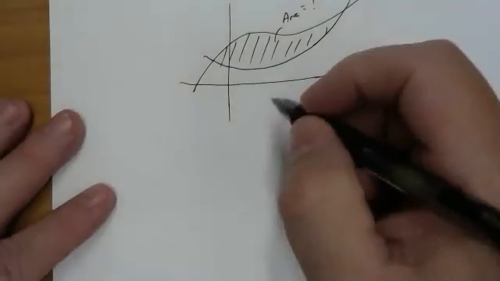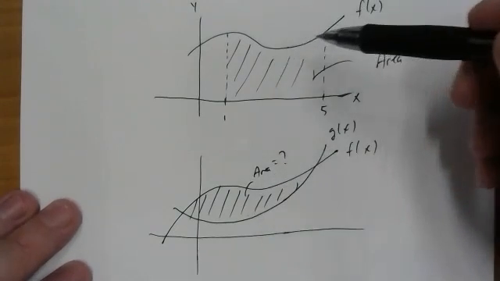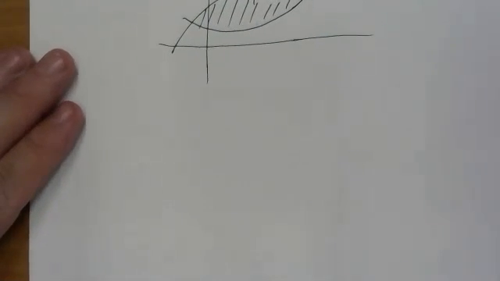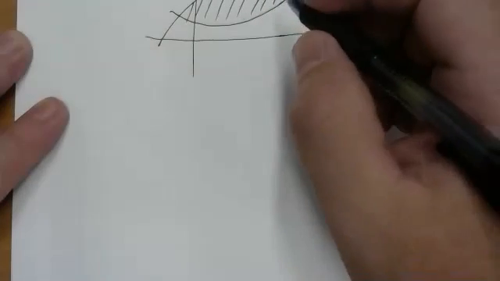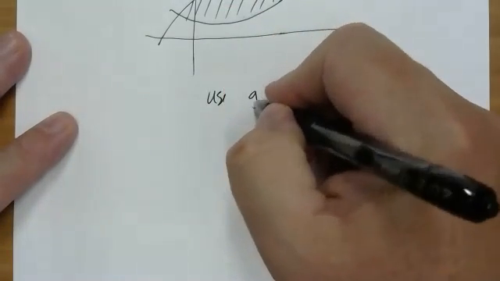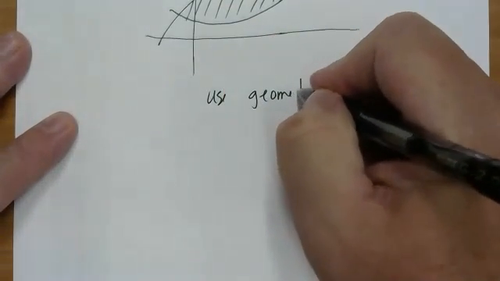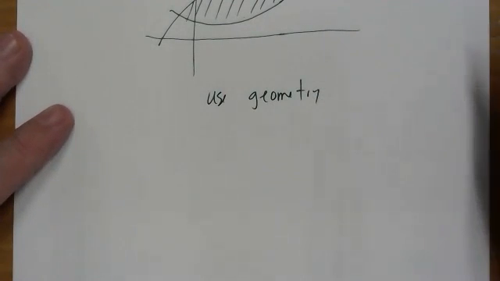Now, eventually we're going to use calculus to solve these problems, but sometimes for special situations, we don't have to use calculus. Sometimes we can use old-fashioned geometry to find the area.